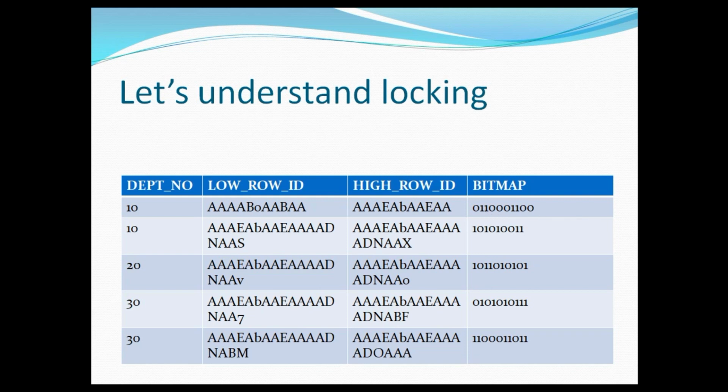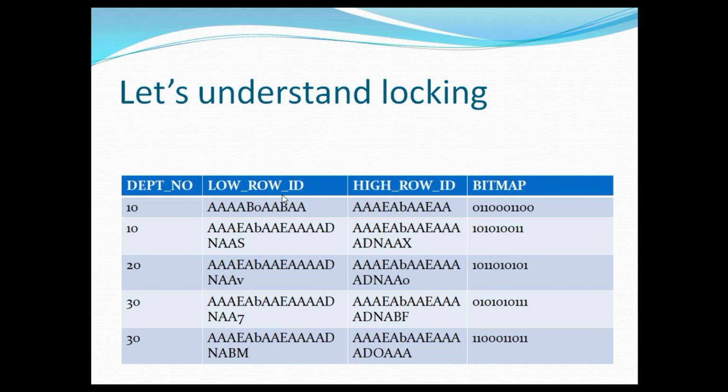Now guys, please pay attention carefully. We have a situation where an employee is moving from department number 10 to department number 20. Earlier his record belonged to this particular chunk where he was part of department number 10. Now he is moving to department number 20. There is a lot of confusion on how a bitmap index takes an exclusive lock on the entire table. This is how it actually works.